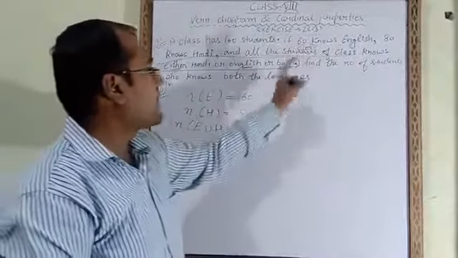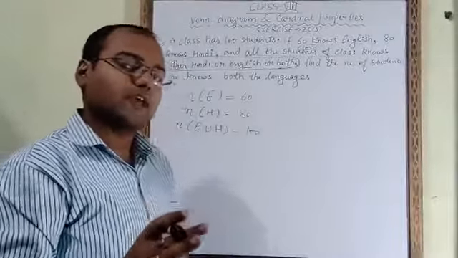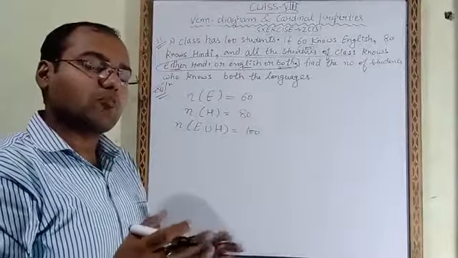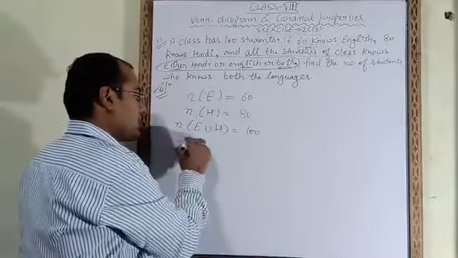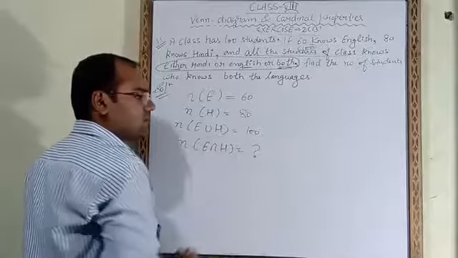Now find the number of students who know both languages. Both means common, and common means n(E intersection H). This one we have to find.